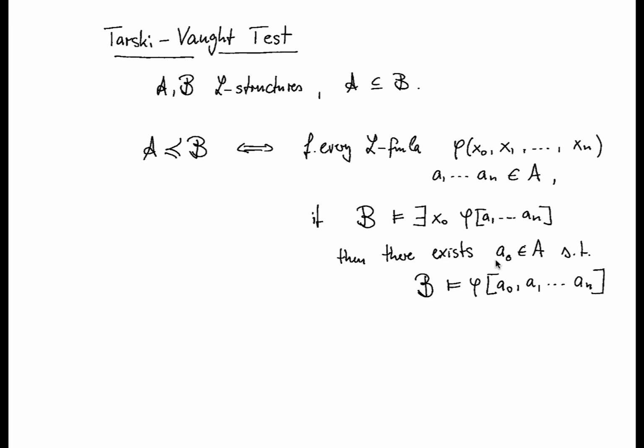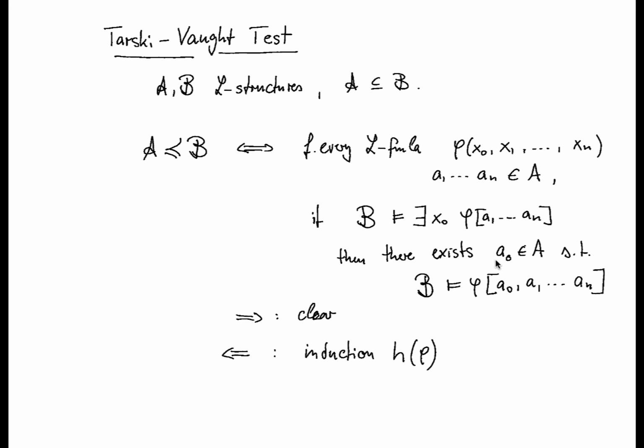And the proof, as usual, I encourage you to try to work this out yourself. This direction is more or less clear. It follows almost immediately from the definition of an elementary substructure, whereas this direction proceeds by induction on the height of the formula phi.